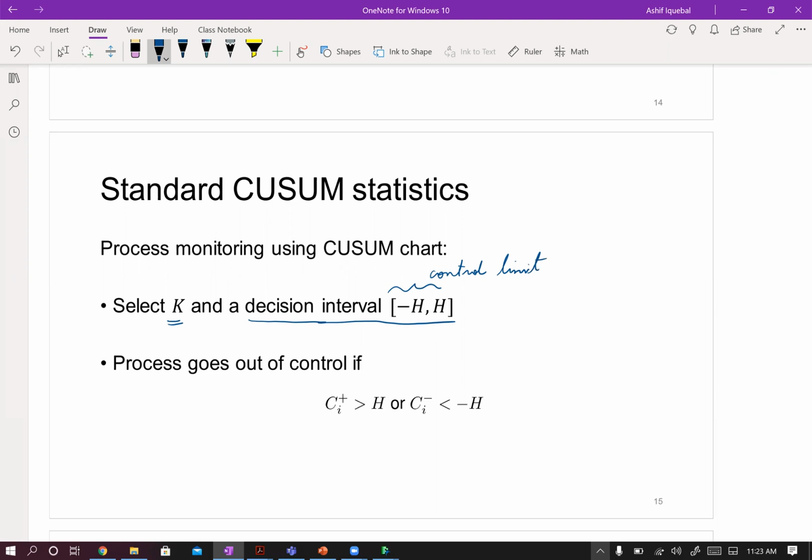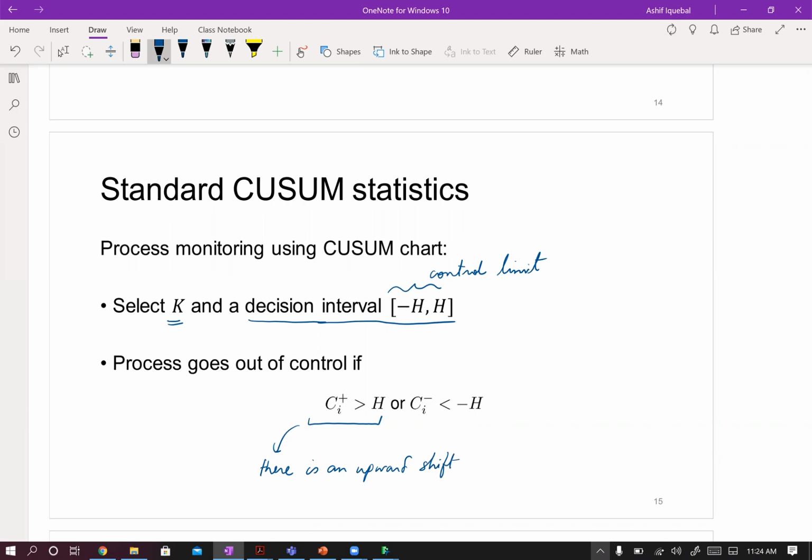The way the decision is made is the process goes out of control if Ci plus is greater than H or Ci minus is less than minus H. So if Ci plus is greater than H, we will conclude that there is an upward shift.